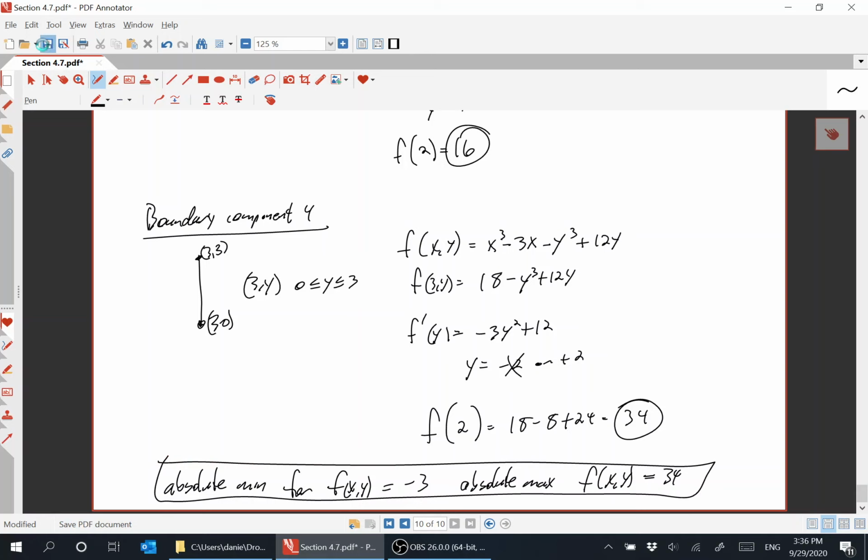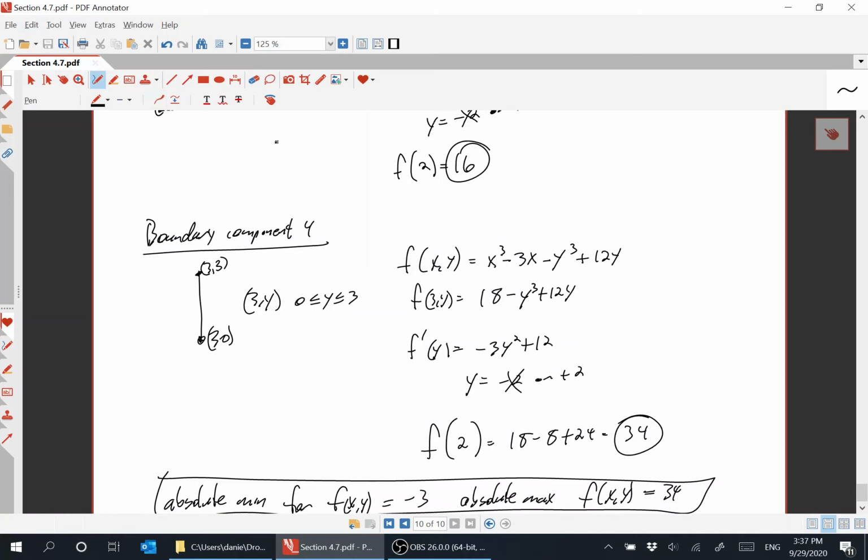All right, so you find the critical points in the interior of the region and then see what the value of f at those critical points are. And then you find the critical points on the boundary, and the function becomes a single variable function on the boundary. So check the derivative of the single variable function on the boundary, find the critical points of that, test their values along with the endpoints of the interval, and then just compare all the values we have, right?